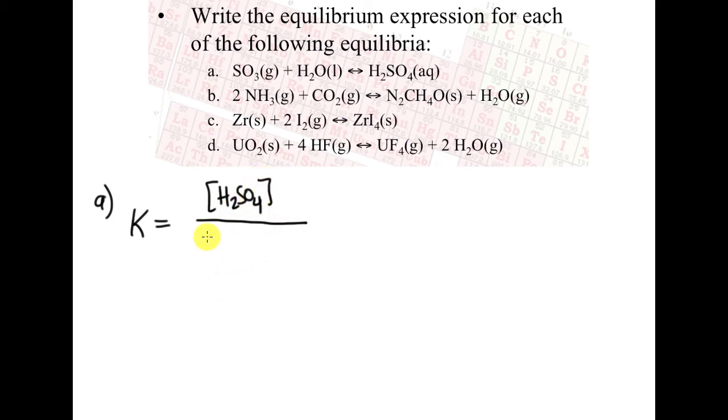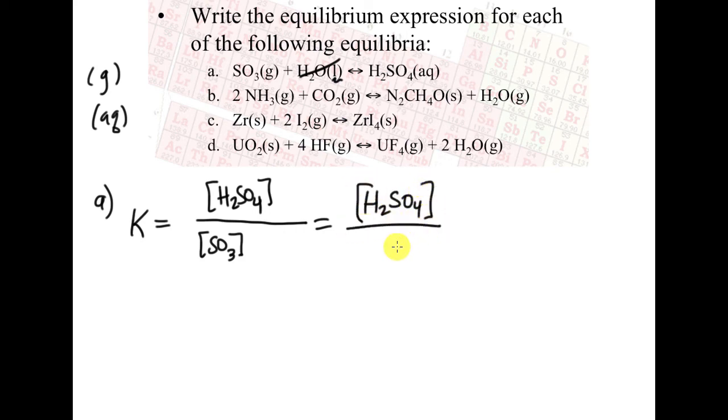On the bottom, I'm going to put the concentration of SO3. And I am not going to put water because it's a liquid. What I'm looking for are only gases and aqueous. Those are the only two things that I put into the equilibrium expression. So this would just be H2SO4 over SO3 concentrations.